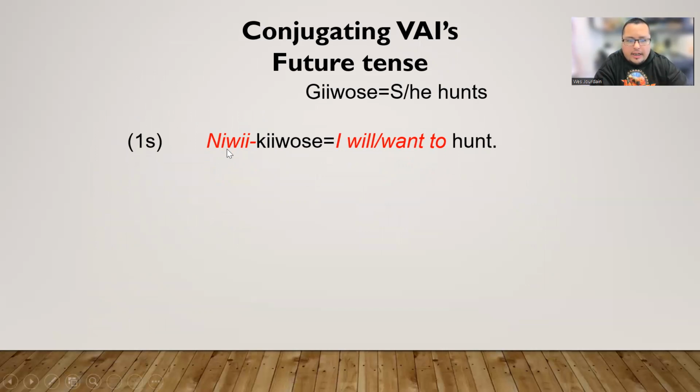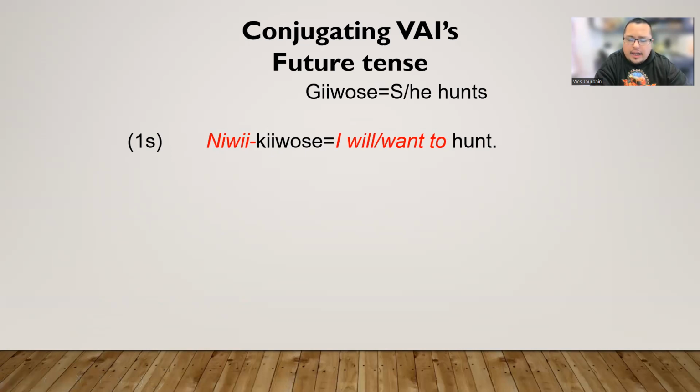All right, so ni is I. Wi, talking about future tense. Giwose, when we have tenses, the G changes to K in what we call initial consonant change. So G to K. Ni wi kiwose. I will or want to hunt.